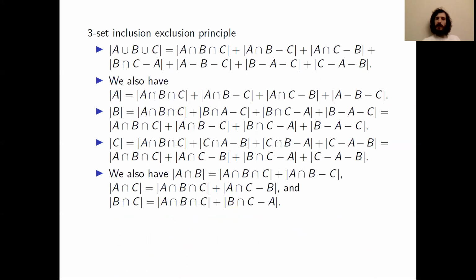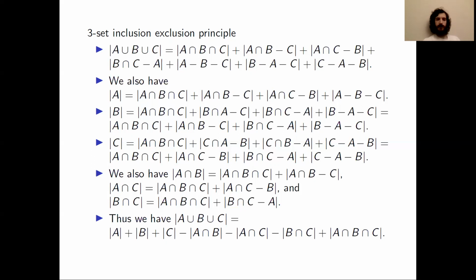So we just found the 7 cardinalities that we were looking for. The cardinality of A union B union C, and the cardinalities of A, of B, of C, of A intersect B, of A intersect C, and of B intersect C. Now, all we're going to do is combine these together, all 7 equations that we found.